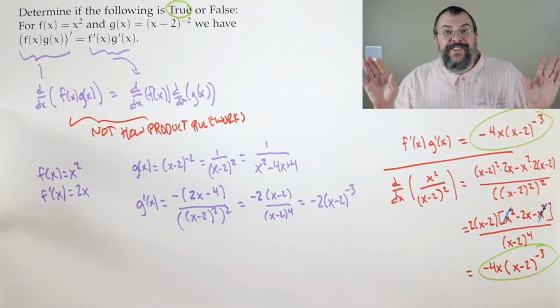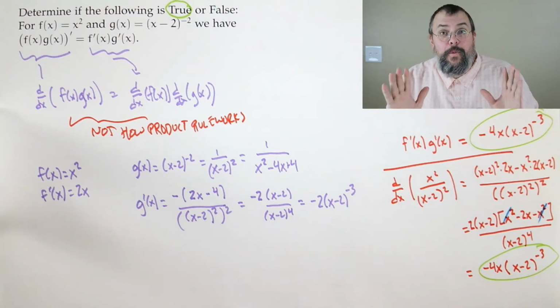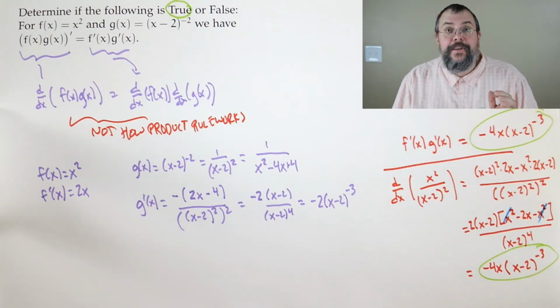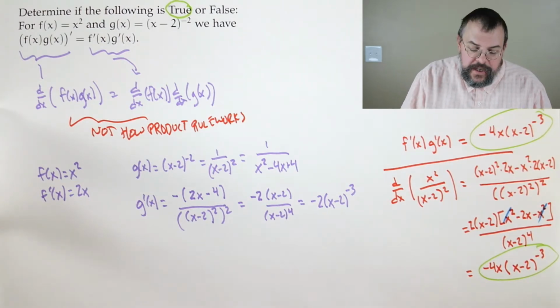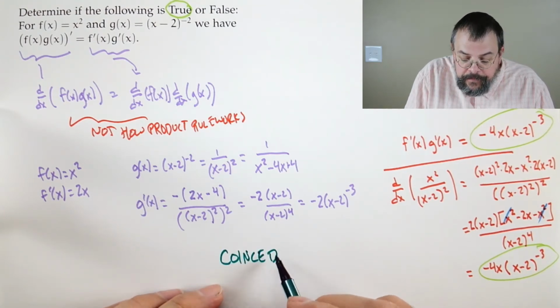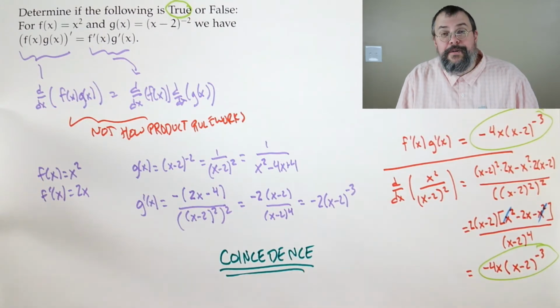Okay, so let's pause for a second and catch our breath. What's going on here? What we've seen is a beautiful example of something that we call a coincidence. Now, you may have encountered a coincidence out in the wild. They happen all over the place.